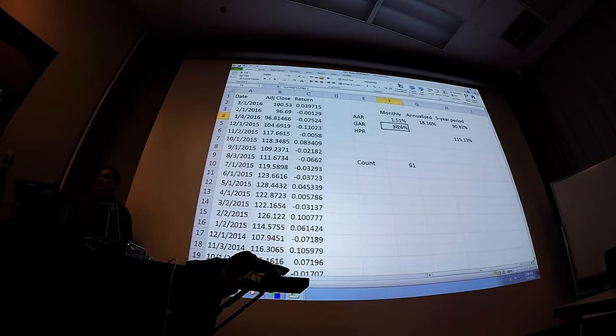So 1.26% is the return I get each month from owning this stock. If I rolled over that investment and considered all the time value of money, the compounding effect of owning it, that's the monthly return you would actually get owning stock in Apple over this 5-year period. 1.26% per month.